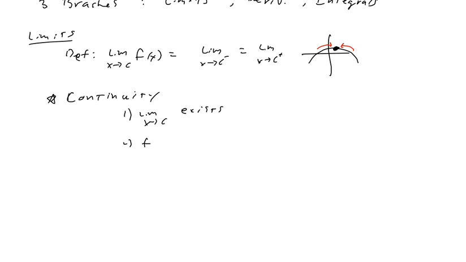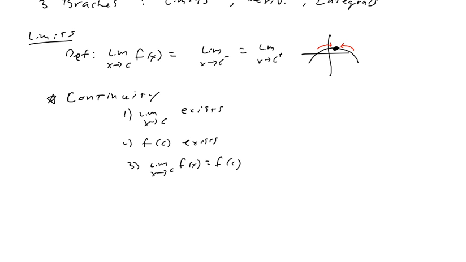Two, f of c exists. And three, the limit as x approaches c of f of x equals f of c. This is our definition of continuity.